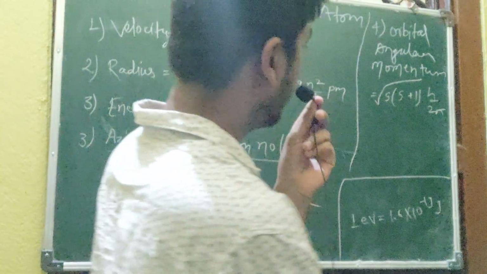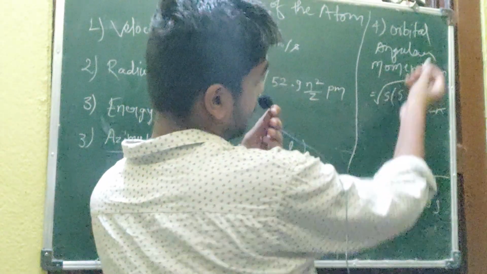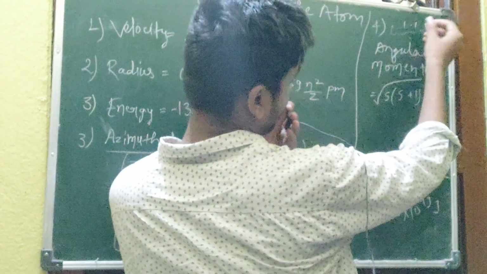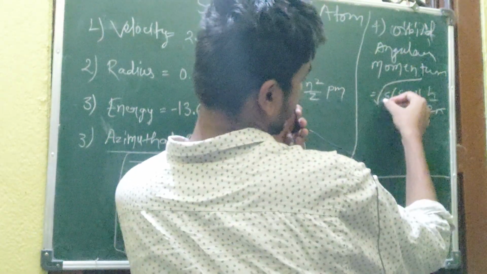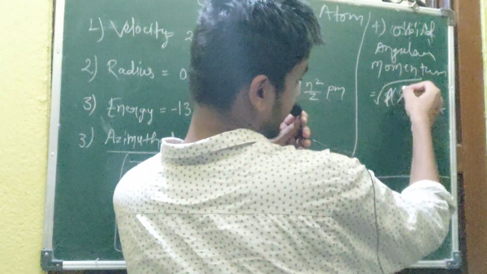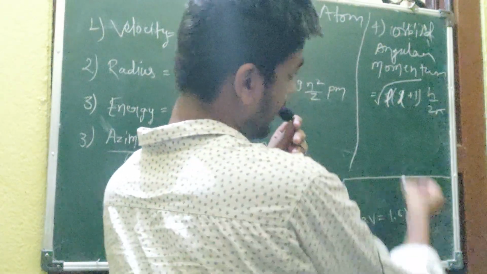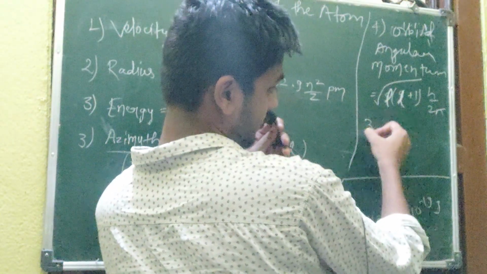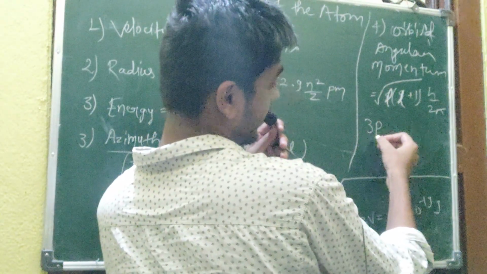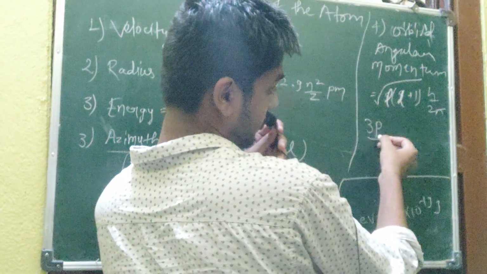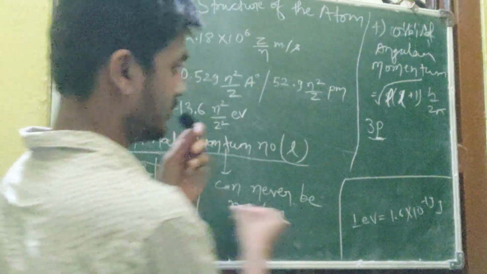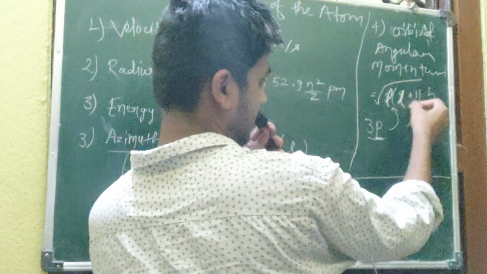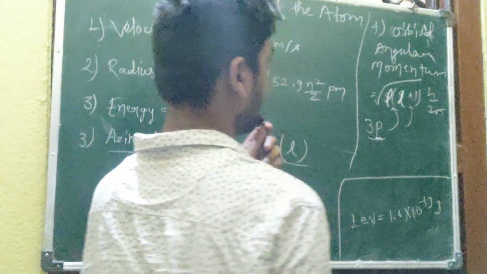Sorry, this is not orbital angular momentum. Actually, this is spin, this is spin multiplicity, so we have to replace this with l. Yes, this is orbital angular momentum. If a question asks what is the orbital angular momentum of 3p, you have to find the value of l for p. The value for p is 1. You just replace it: under root 1 into (1 plus 1) h by 2 pi, like that.